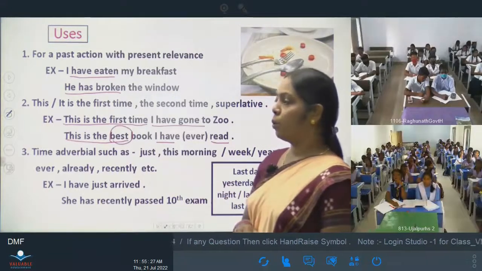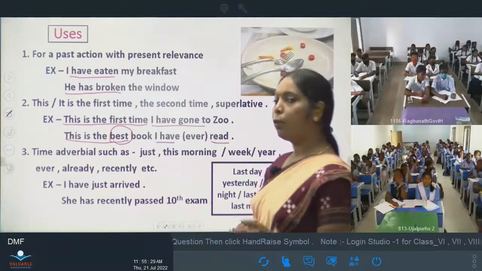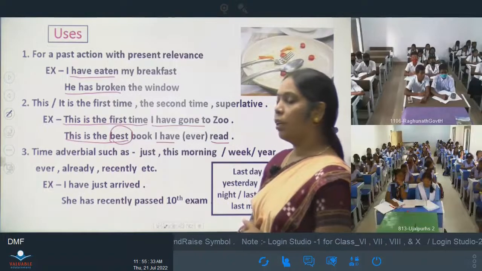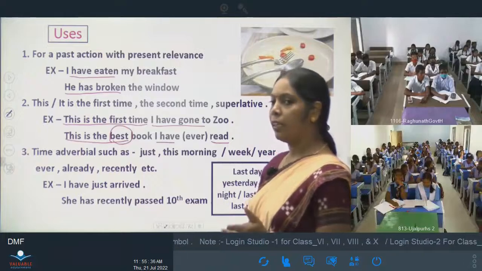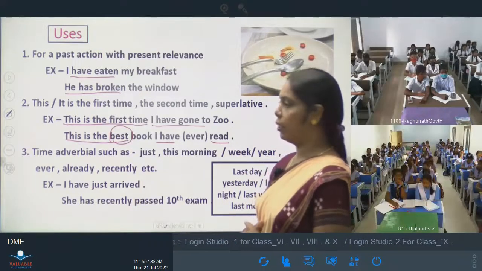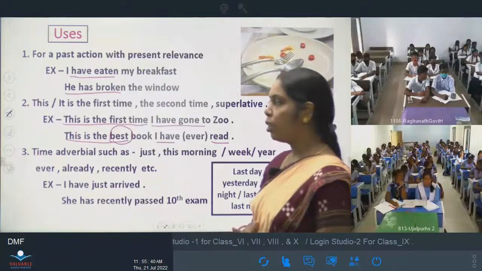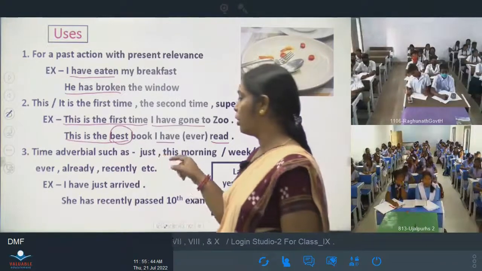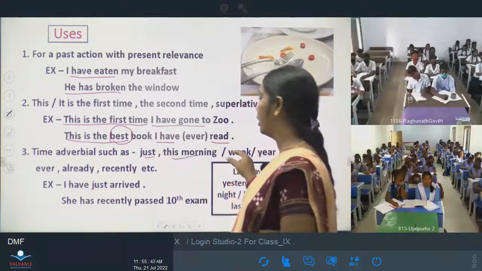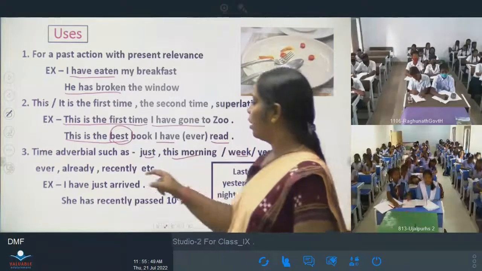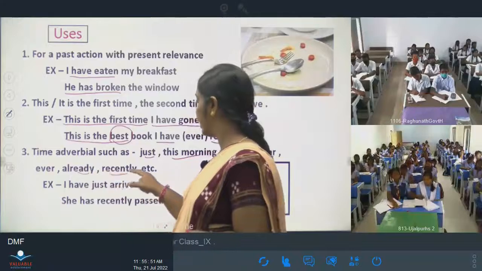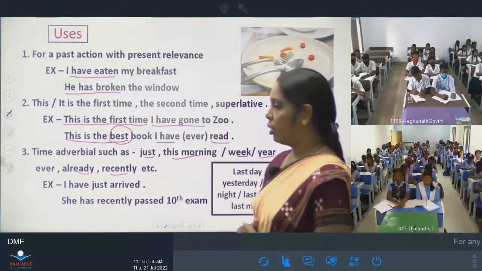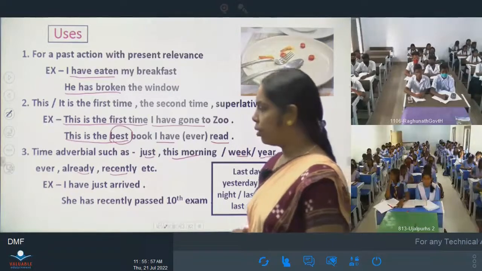Again, we often use present perfect tense for an activity recently completed. And in that case, we use time adverbials like just, this morning, this week, this year, already, recently in those sentences. Now look at the examples.